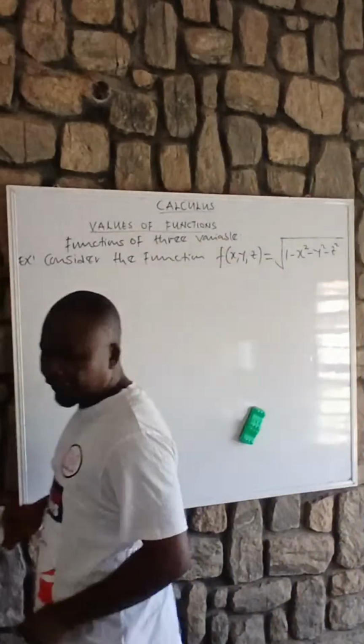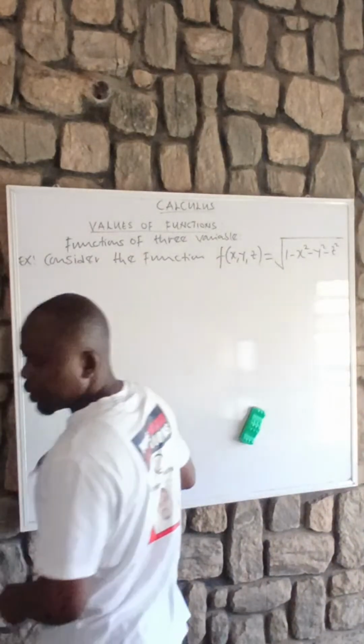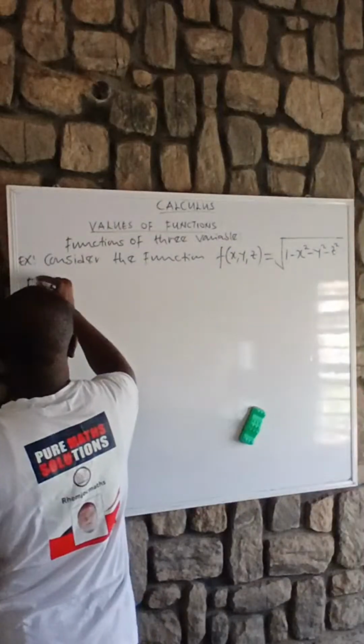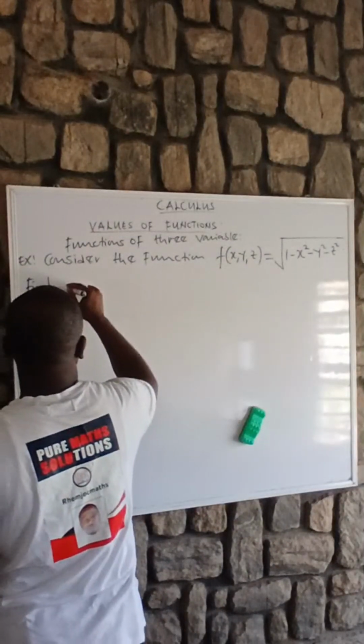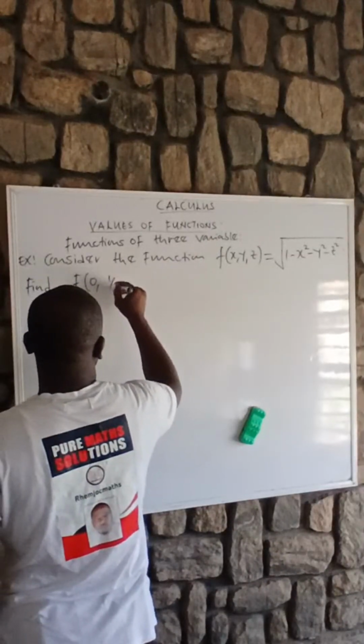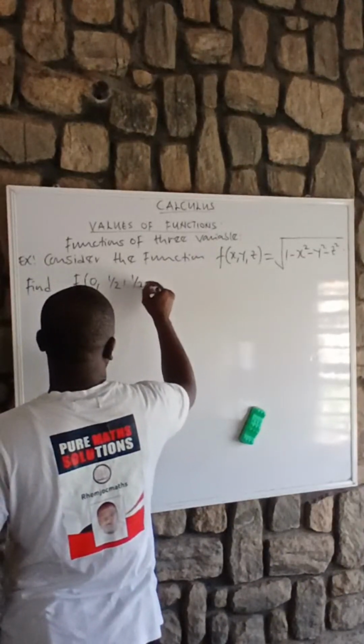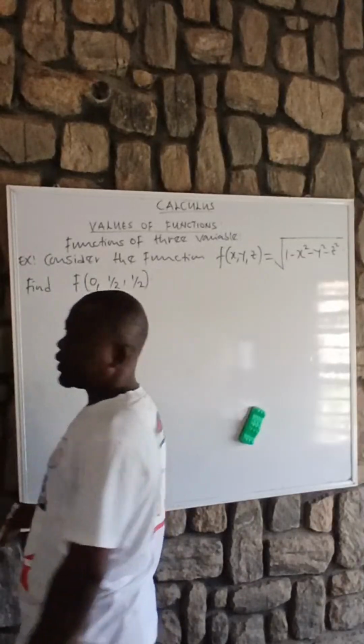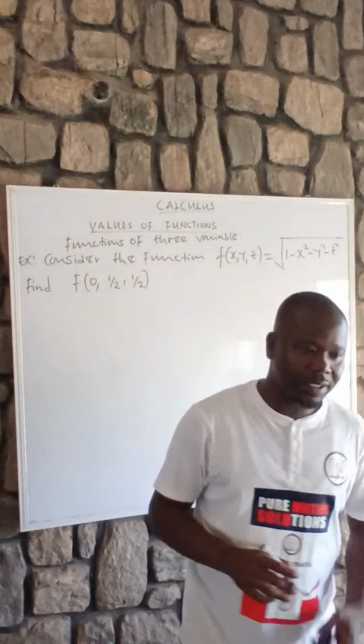Then it says find f of 0, 1 over 2, 1 over 2. It's as simple as ABC.